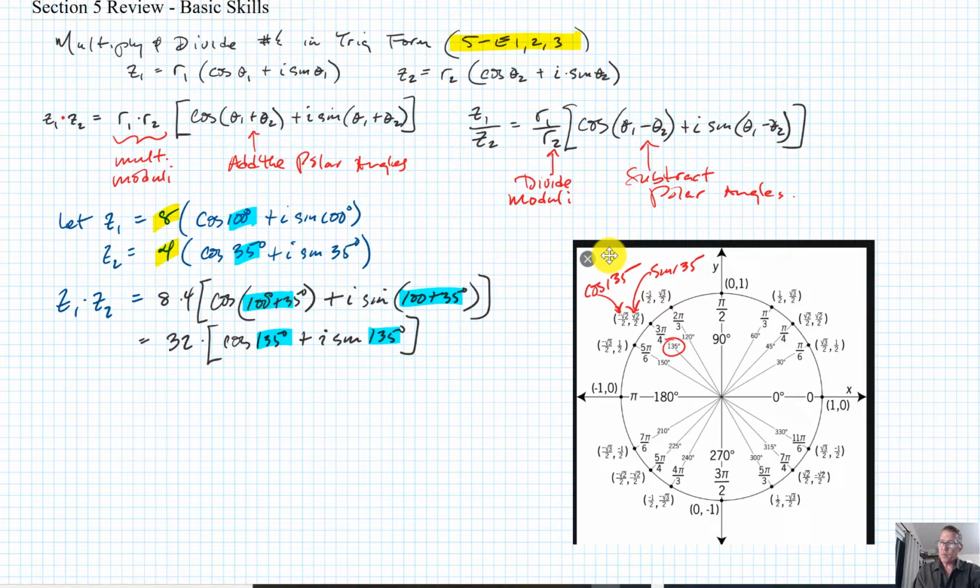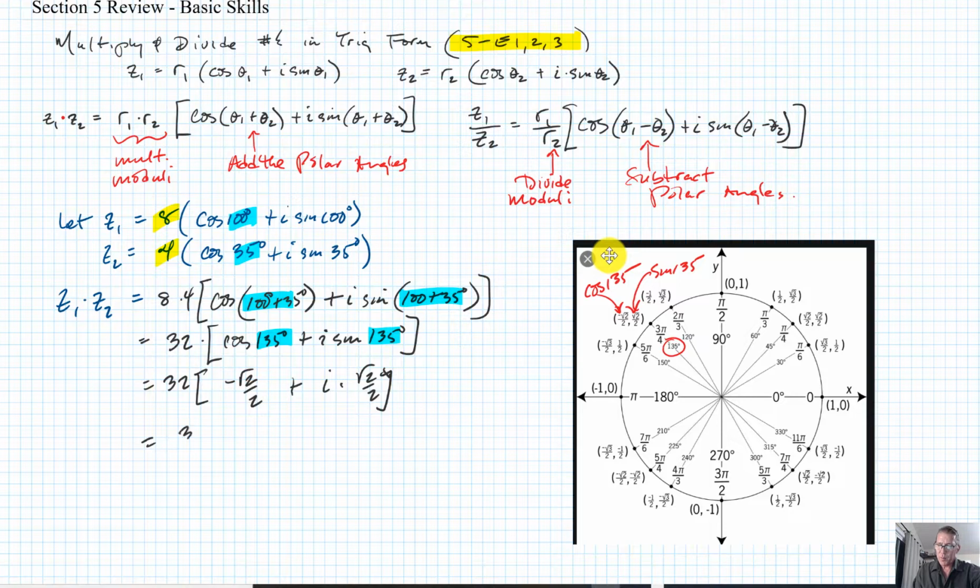Okay, so let's work with these values here. We have 32 times the cosine of 135, which is negative rad 2 over 2, plus positive I times positive rad 2 over 2.